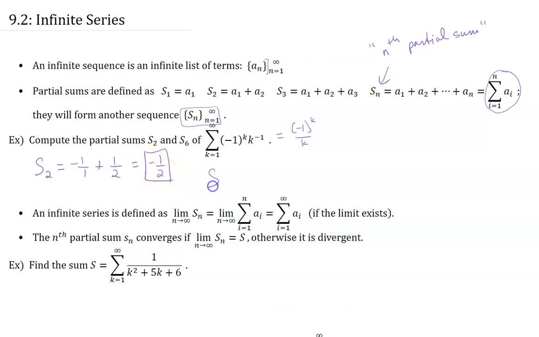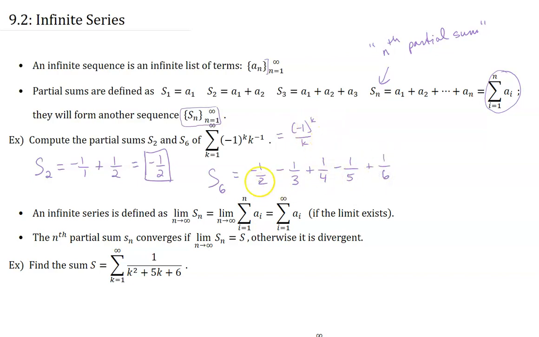So the second partial sum is -1/2. For the sixth partial sum, we already know the first two terms add up to -1/2. Now we need to add the third, fourth, fifth, and sixth terms to get the sixth partial sum. Our next term is at k equals 3, so that's -1 to the third, which is negative, and then 1 over 3, plus -1 to the fourth over 4, so +1/4, plus -1 to the fifth, which is -1 over 5, and then -1 to the sixth is +1 over 6.